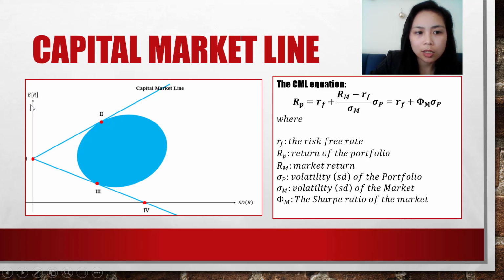So the y-axis is the expected return of the portfolio, and the x-axis is the volatility or the standard deviation of the portfolio. So the capital market line is basically a line that represents the relationship between the expected return of the portfolio and its volatility.